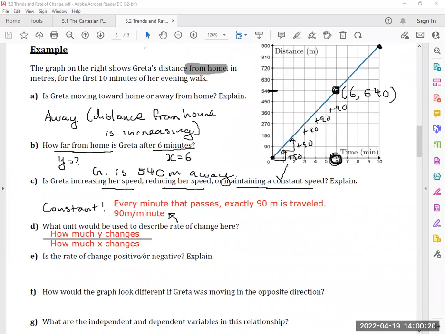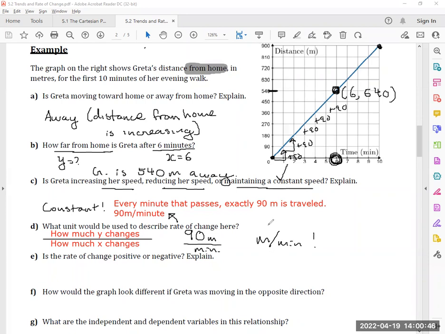Would that make sense? That's what the staircase is, right? I asked you, every time I travel for 1 minute, how does that affect my y? It was 90 minutes, sorry, 90 meters per minute. It's meters per minute.